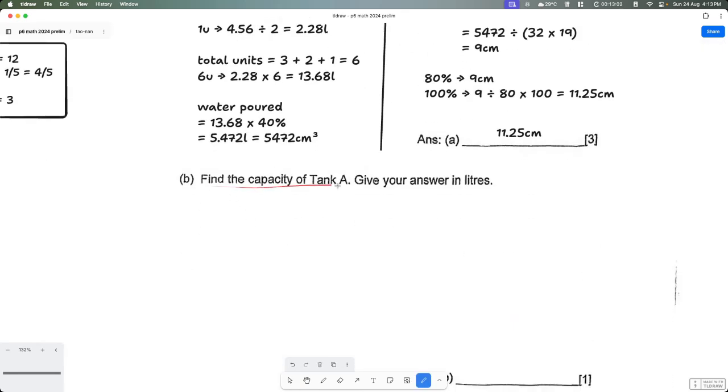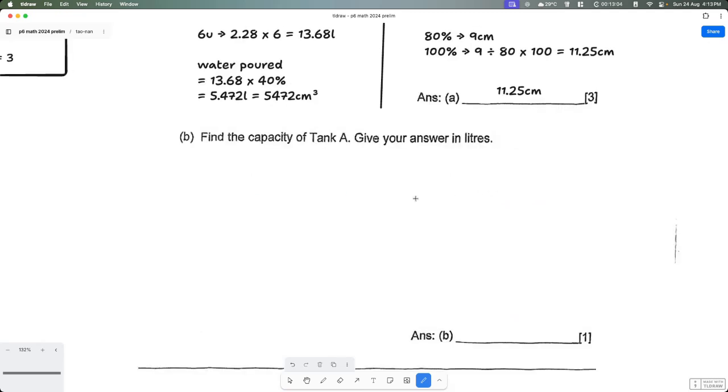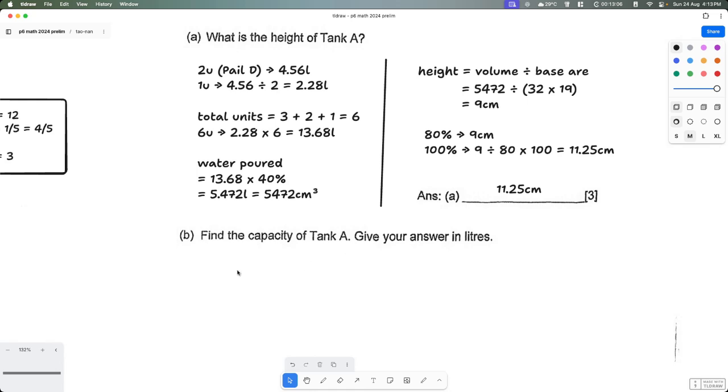Part B. Find the capacity of tank A. Give your answer in liters. The capacity of tank A is equal to base area times height, so length times breadth times height, which is 32 times 19 times 11.25.